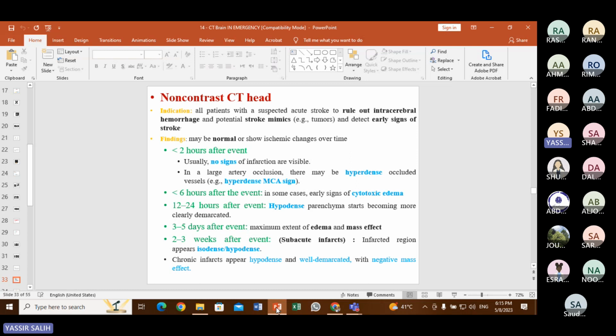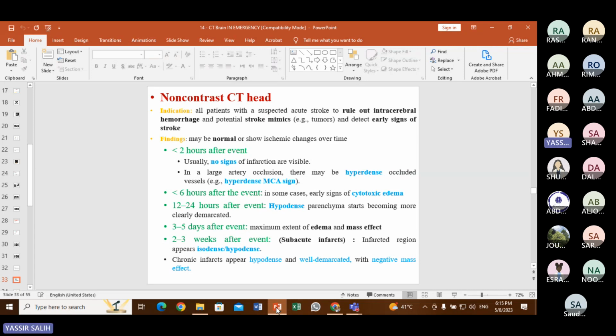هنجي نوضحها برضه. طيب in between 2 to 6 hours after the event, in some cases there may be cytotoxic edema، اللي هي edema due to infarction or hemorrhage بيسموها cytotoxic edema، هنيجي نتكلم عنها. After between 12 to 24 hours الآن حتظهر لنا الليجن نفسها، حتبقى hypodense. البارينكيما infarcted area تبقى hypodense.